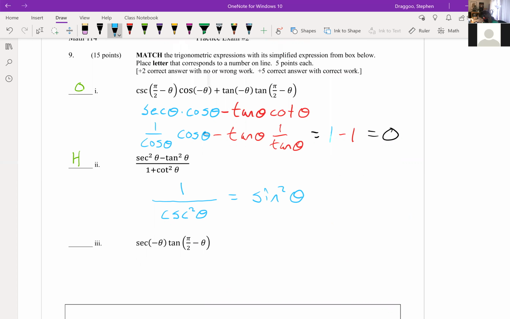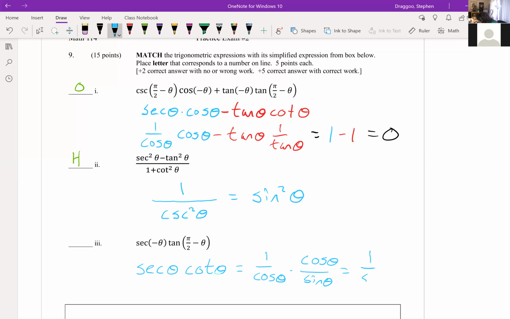All right. And then for the last one, secant of negative theta times tangent of pi over 2 minus theta. Secant's even, so secant of negative theta is just secant theta. Tangent of pi over 2 minus theta is cotangent theta. If we change all that to sines and cosines, 1 over cosine theta times cosine theta over sine theta.